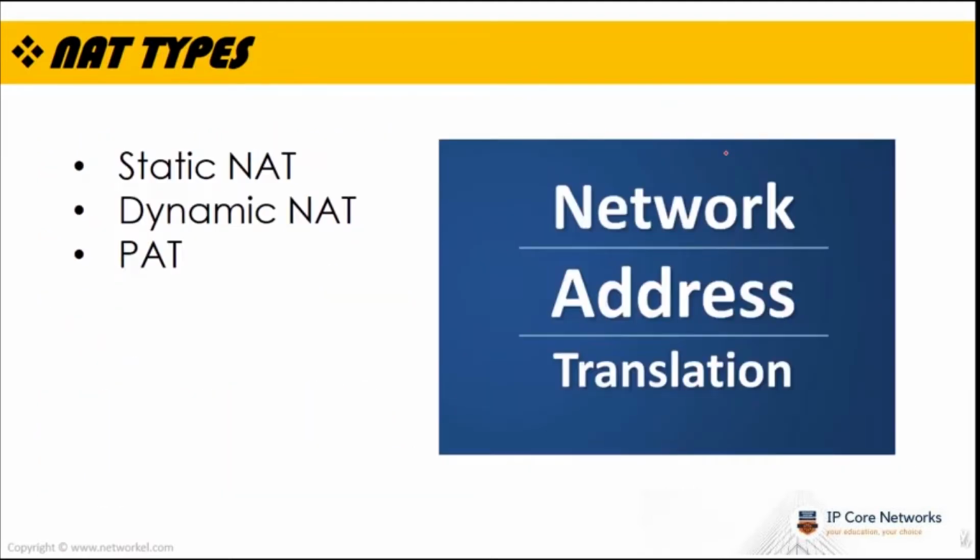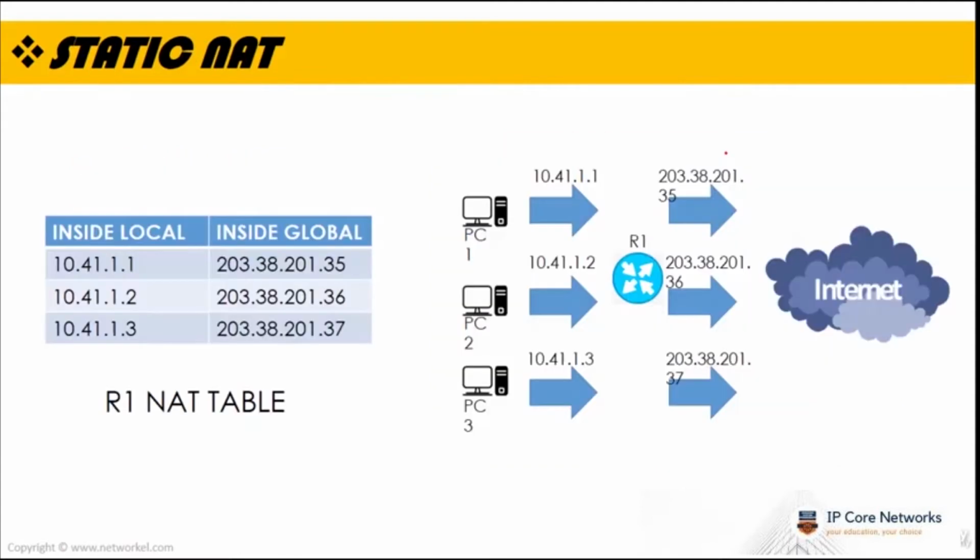Let's go ahead with the NAT types. We have three types of network address translation, and they are static, dynamic, and PAT, which is port address translation. In the static NAT method, private addresses are matched with global addresses one to one.